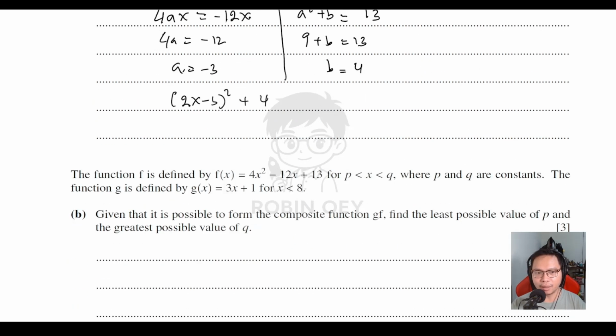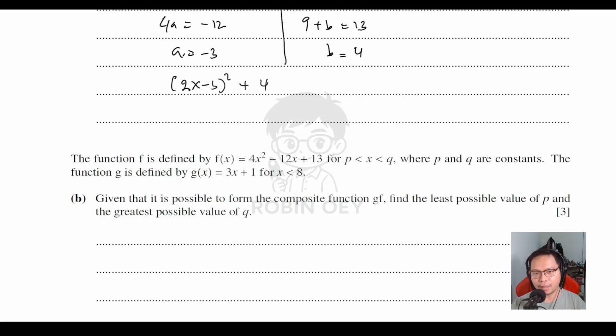Now for 9b, given that the function f is defined by the function that we have just now, x between p and q, where p and q are constants, and the function g is defined by g of x is this for x less than 8.